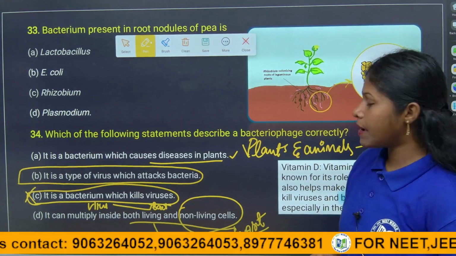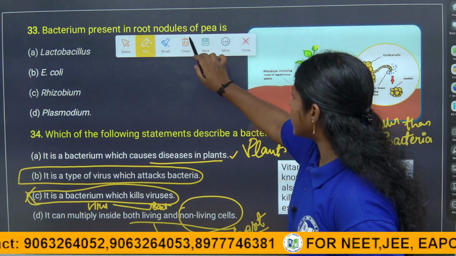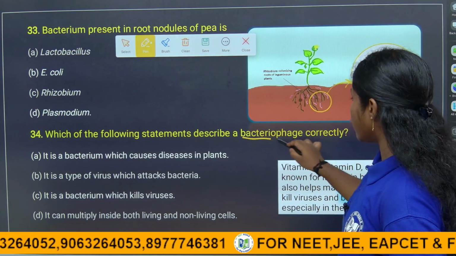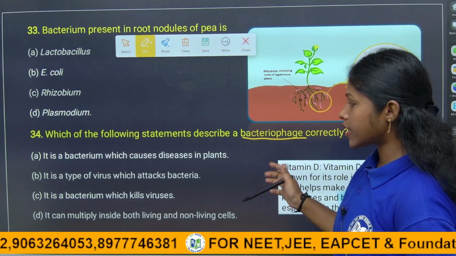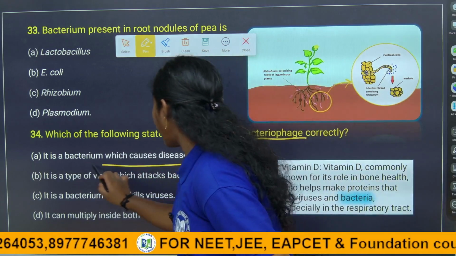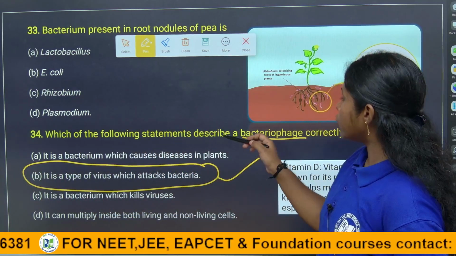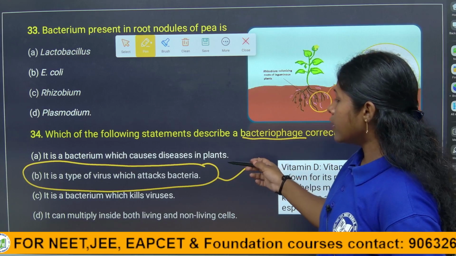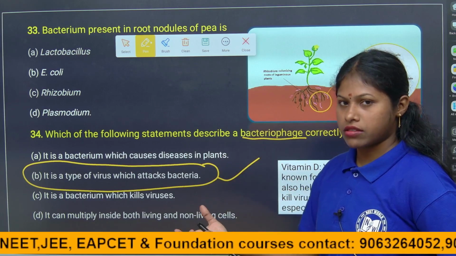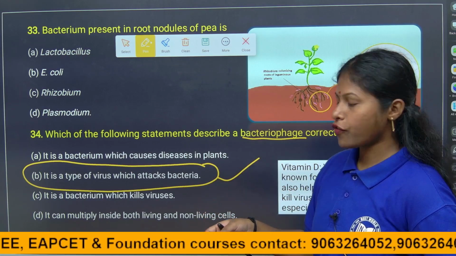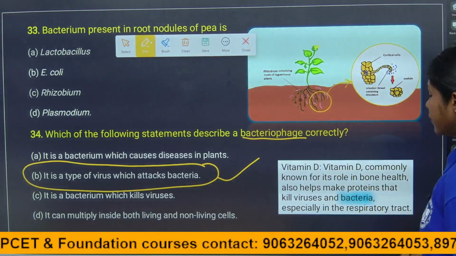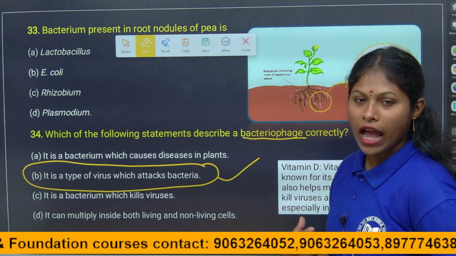So this is question 34, children. According to the bacteriophage, the accurate statement is that it is a type of virus which attacks the bacteria. And the first statement, children, is right for viruses in general but not specifically about the bacteriophage, so that is not that accurate.